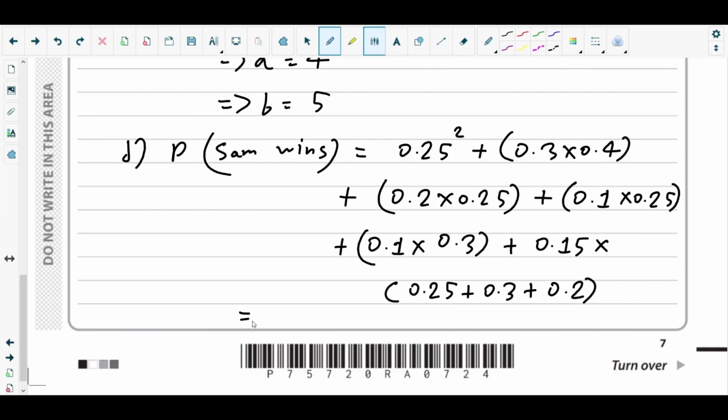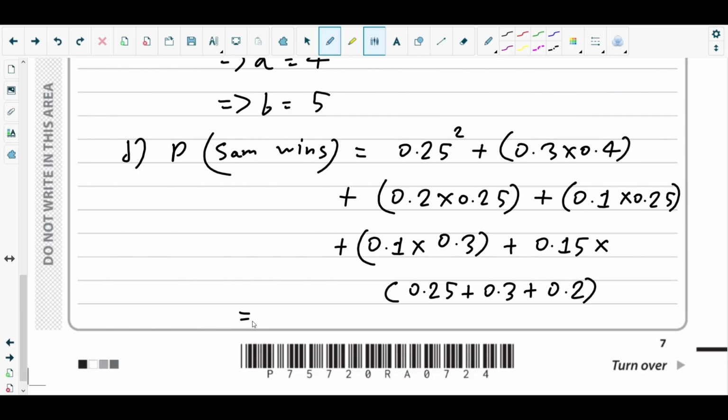So 0.25 squared plus 0.3 times 0.4 plus 0.2 times 0.25 plus 0.1 times 0.25, plus 0.1 times 0.3 plus 0.15 times 0.25 plus 0.3 plus 0.2, which is 0.75.